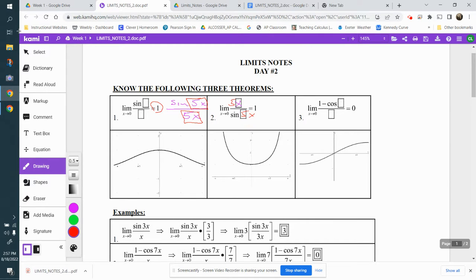And the only one that's different is this one with cosine. And again, this could be 7x and 7x. As long as the location of the box is the same, then these identities or these theorems apply. So they apply to anything that looks like this. All right?